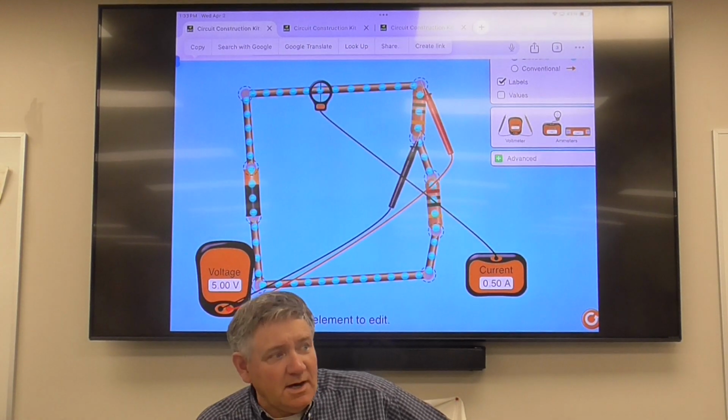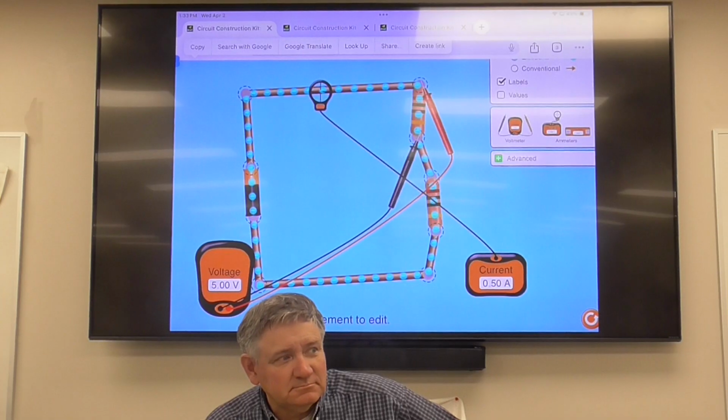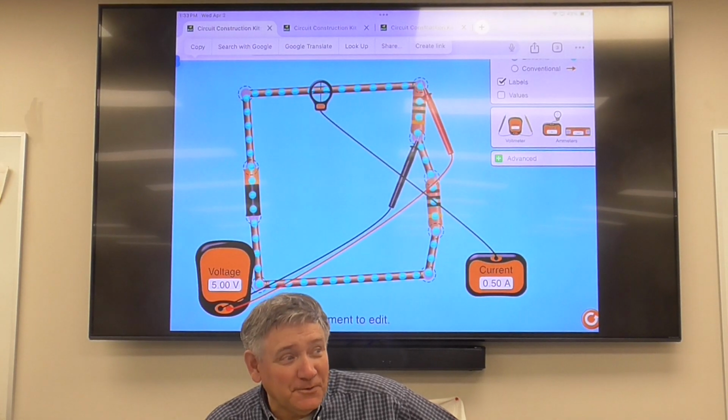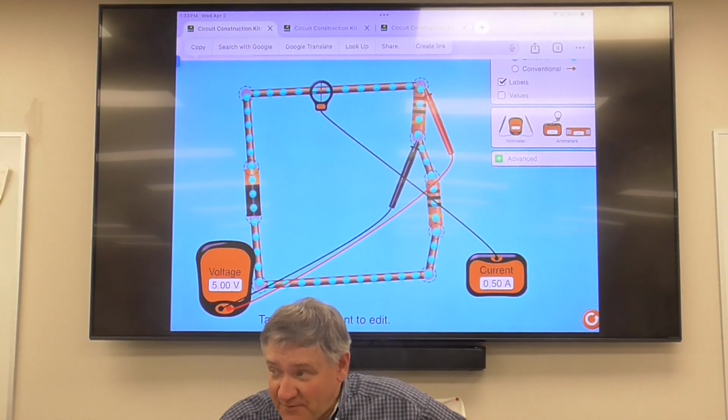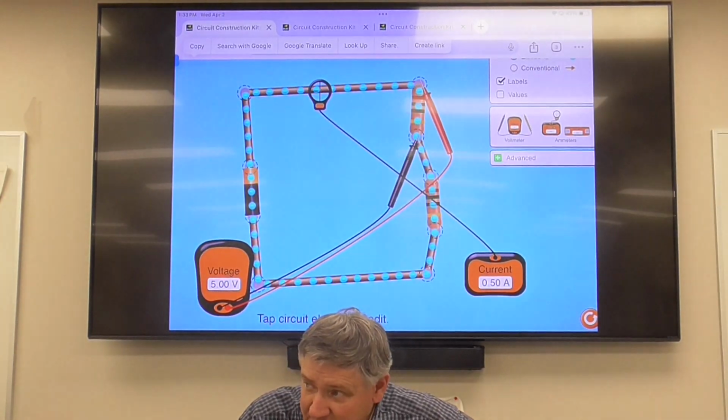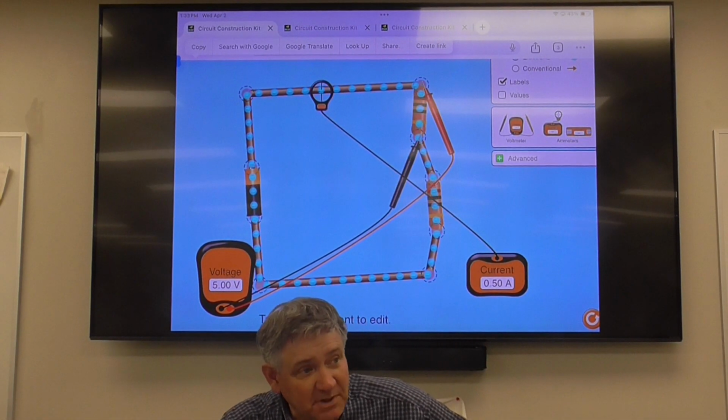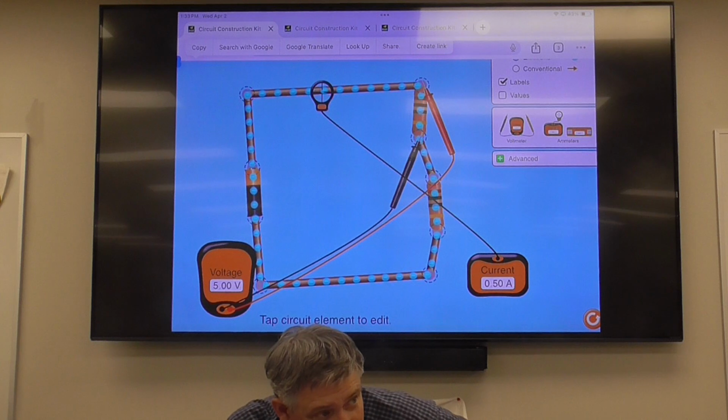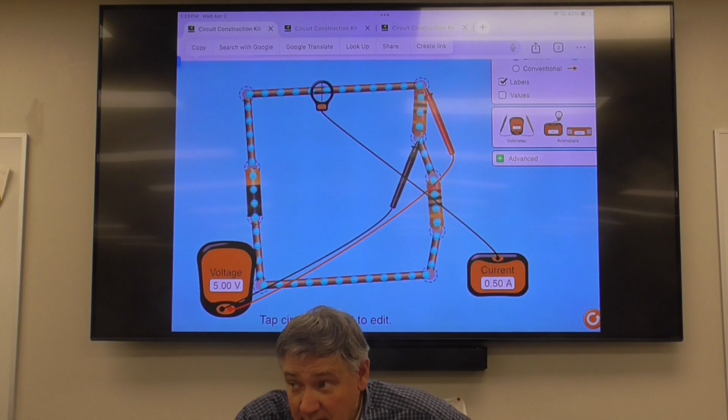So I have a half an amp multiplied by a 10 ohm resistor.